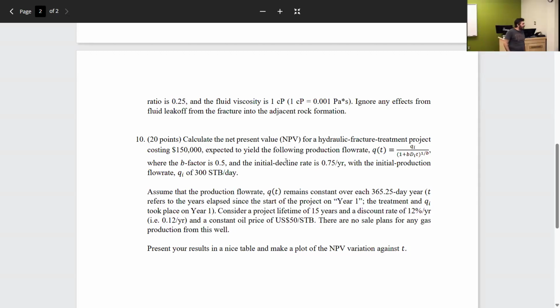And I want you to show me how NPV will vary with time. I'm expecting the NPV will either start negative or at a small positive value, and then you add more and more, but every time you add, it's going to be less and less, until the end of year 15. And you should give me something in the order of $10 million.